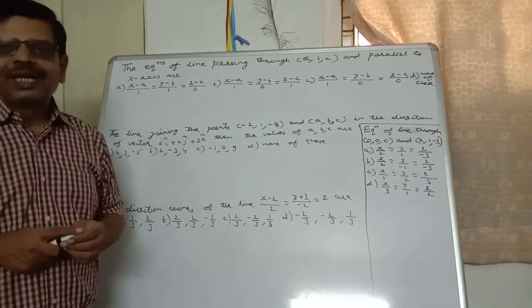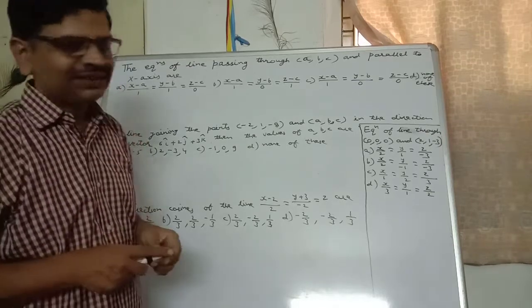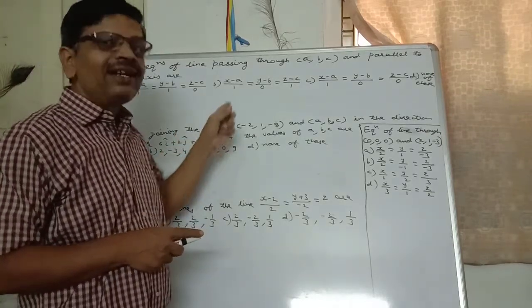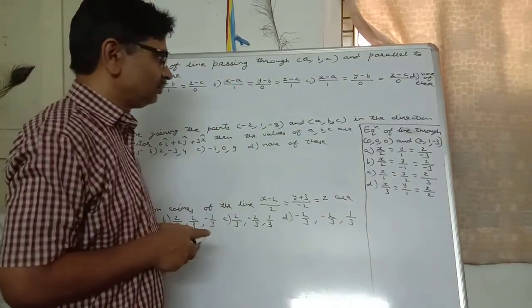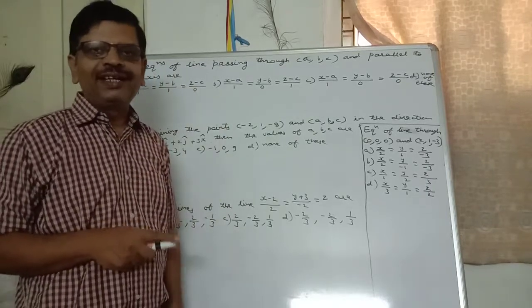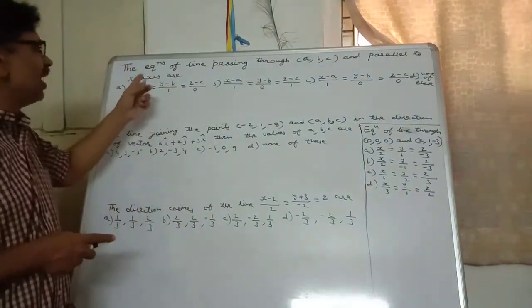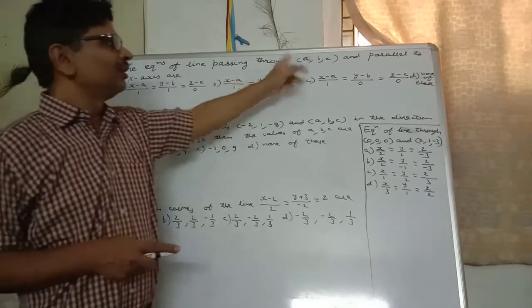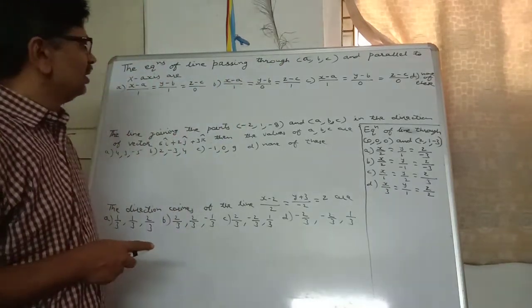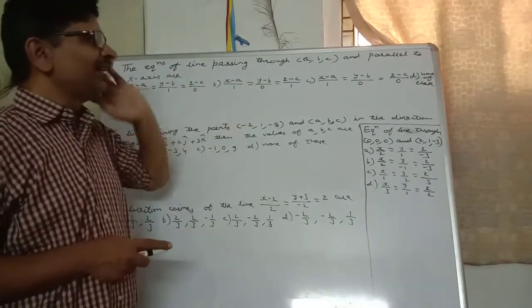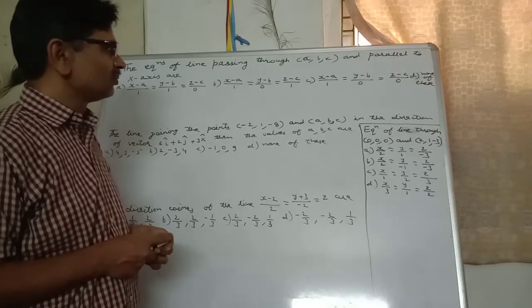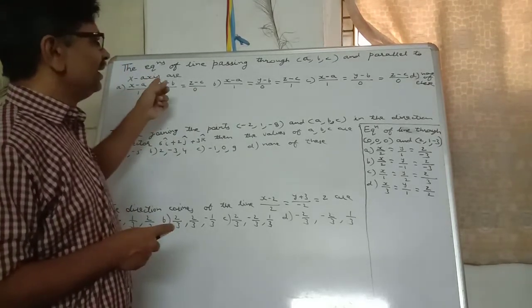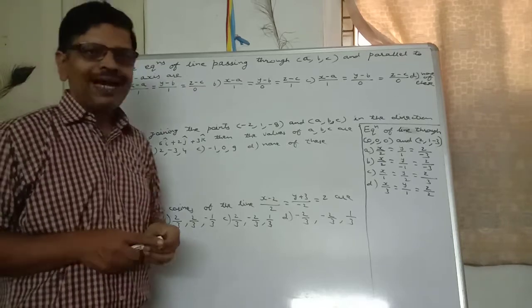In the options, the equations of lines are in Cartesian form. For getting the equation of a line in Cartesian form, we require the coordinates of one point. They are present. But we want the direction ratios of the line. And here it is given the line is parallel to the x-axis.